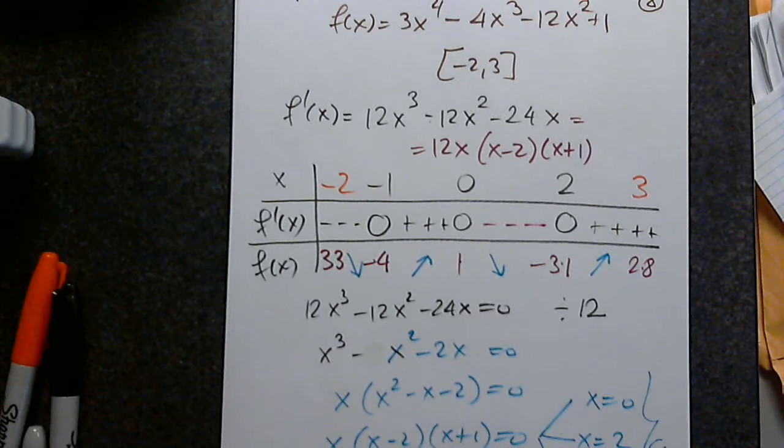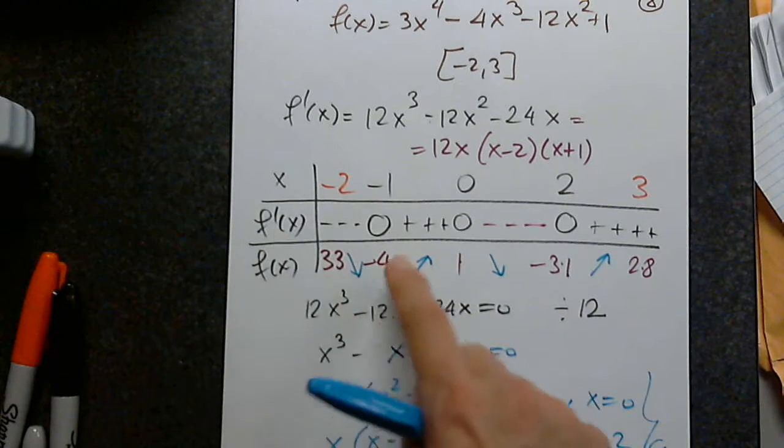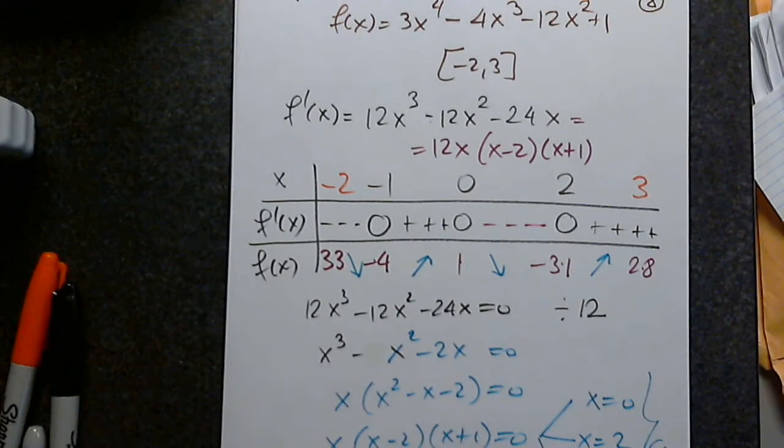So that's how I catch my mistakes, if something is wrong: by making sure that this row for the derivative works well with the row of values for x. So if you get something where it's negative but it's going up, there's something wrong.